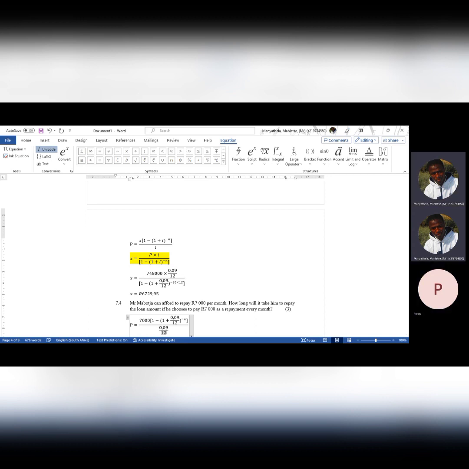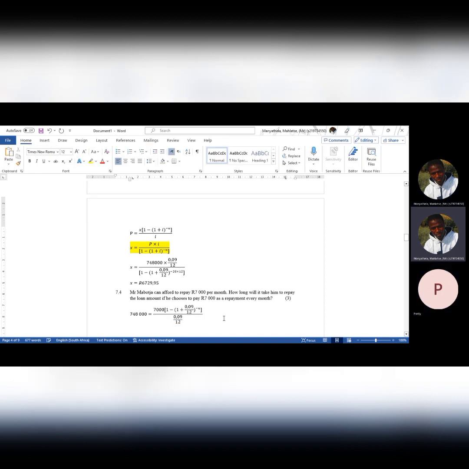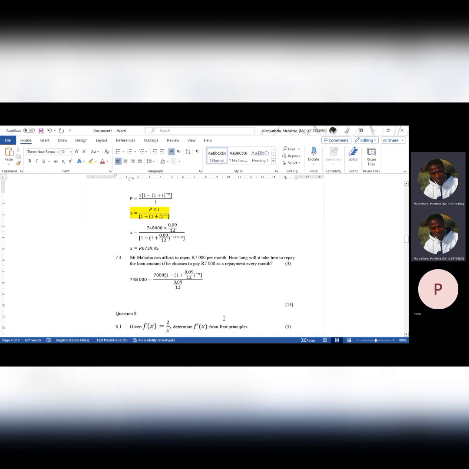Over 12, but then we know the value of p, which is 748,000. So next step, we'll multiply both sides by 0.09 over 12.